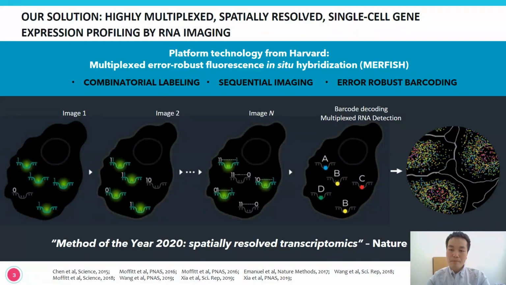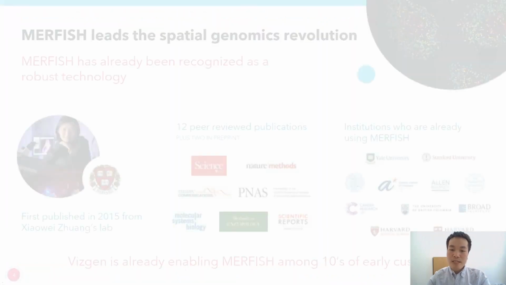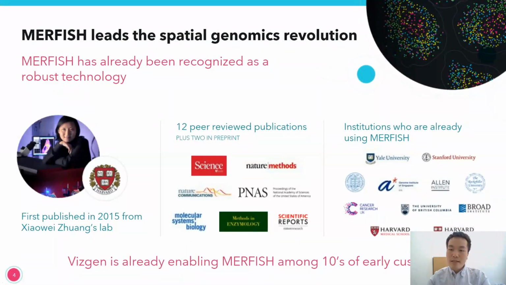So MERFISH was initially invented by our scientific co-founder, Dr. Xiaowei Zhuang at Harvard University in 2015. And since the initial publication in the journal Science, it has been validated by a long list of publications, either from Xiaowei's lab or from some other labs, and has already brought many transformative discoveries.